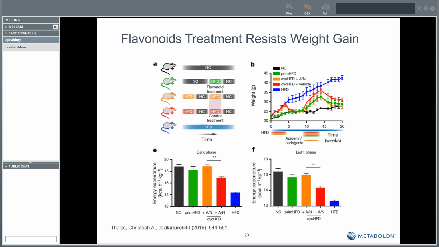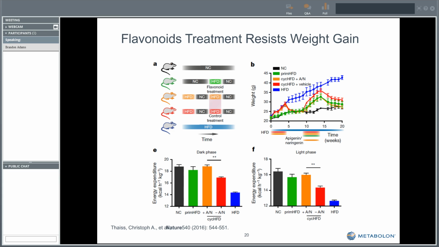So to better understand the involvement of flavonoids in this cycle of weight regain, the investigators turned to the next experiment, and that is to compare a flavonoid-supplemented cycling high-fat diet group to the control group that does not have flavonoid added.